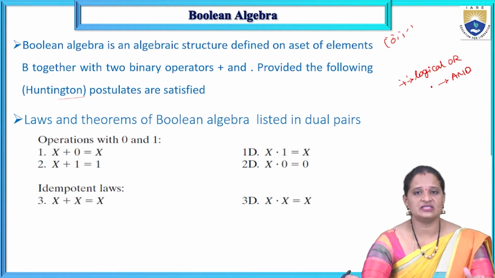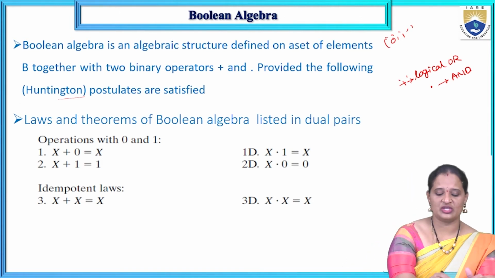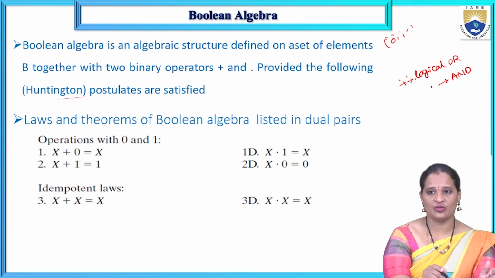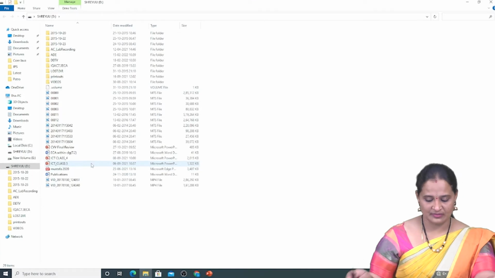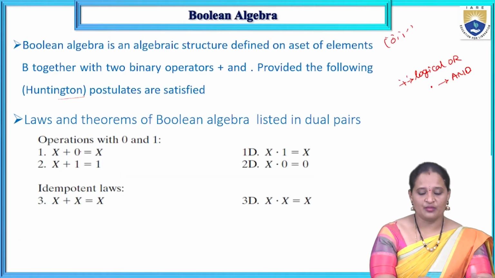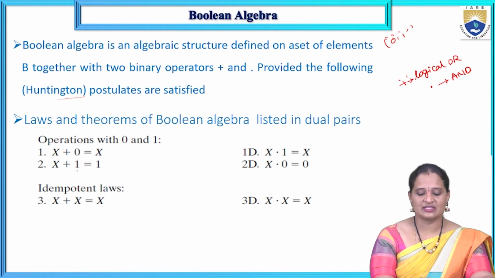Coming to the first postulate, based on operations with 0 and 1: x plus 0 is equal to x, whereas x plus 1 is equal to 1.